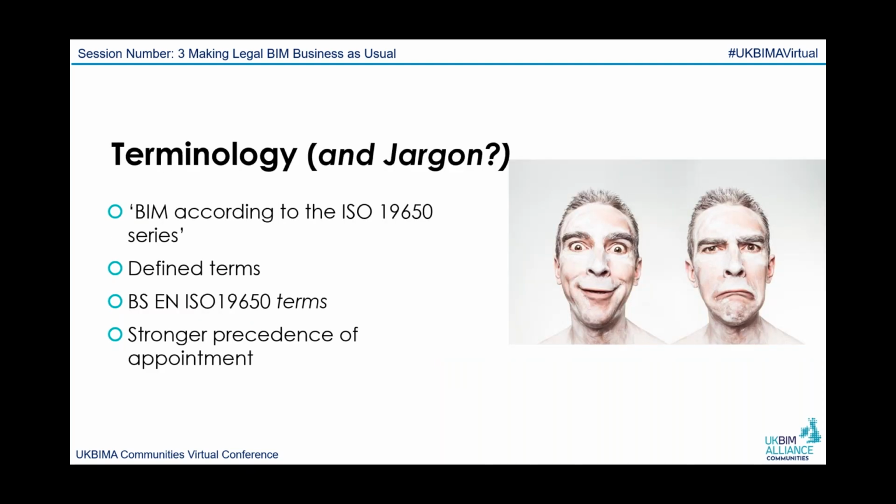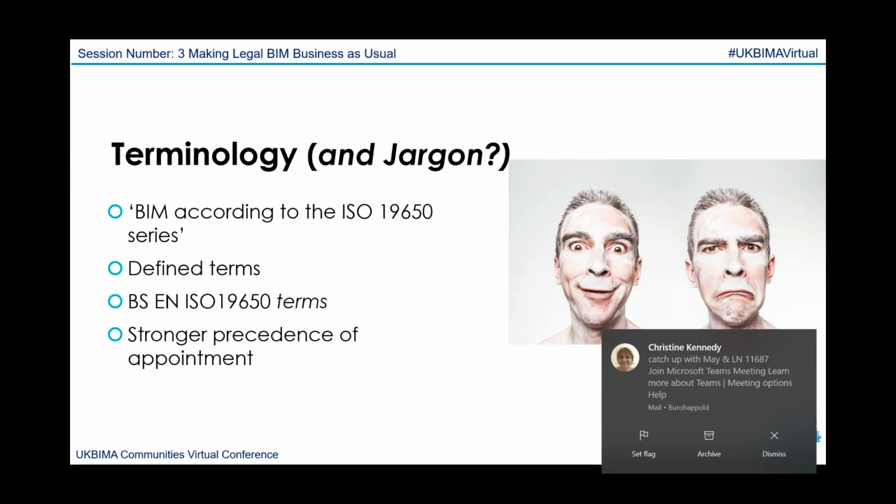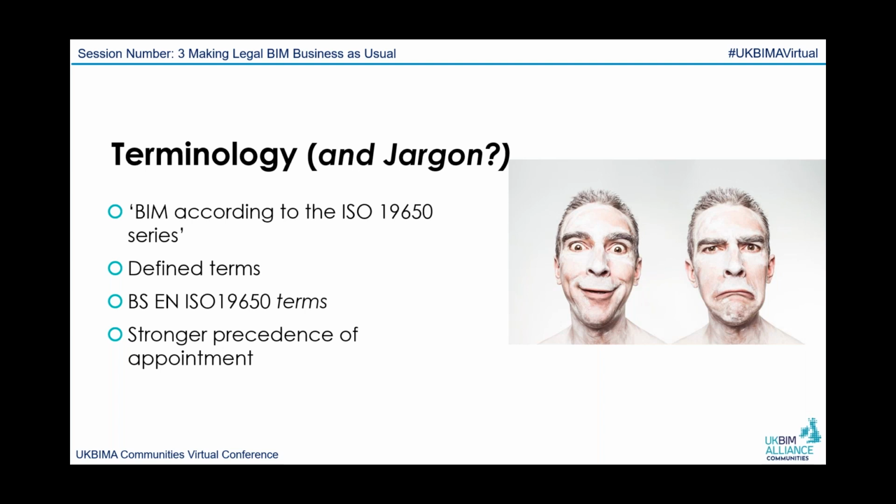As we all know, BIM is full of terminology and jargon, and when you say things like BIM according to the ISO 19650 series, it sounds very exciting at first, but then you realize it doesn't actually mean anything from a legal and contractual perspective. So we have inserted a contractual clarification on that, as well as both ISO 19650 terms.